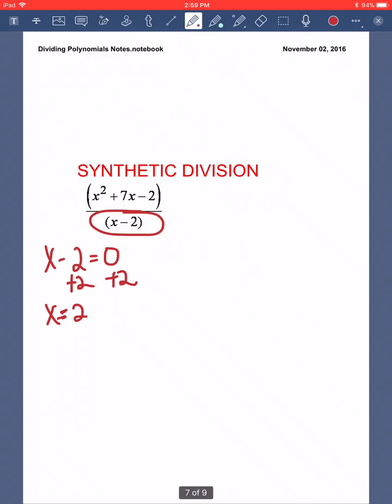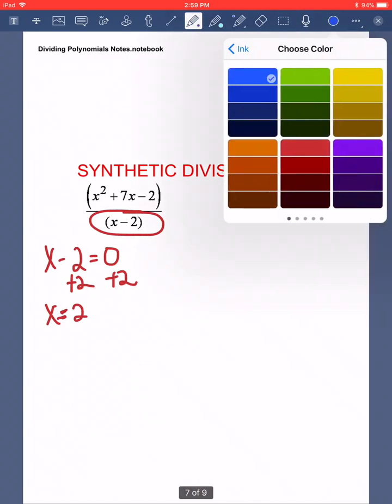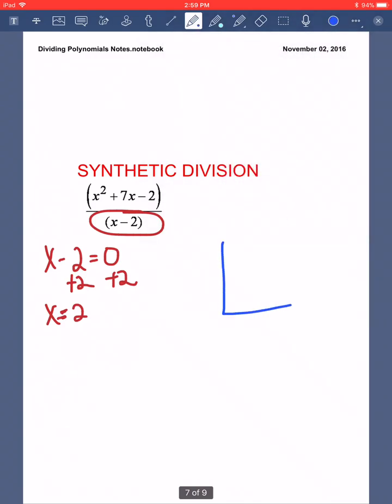So now to set up synthetic division, you're going to do an upside down division box. So here it is. And you're going to write along the top all the coefficients. So my coefficient for x squared is 1. My next coefficient is 7. And then I have my constant -2.